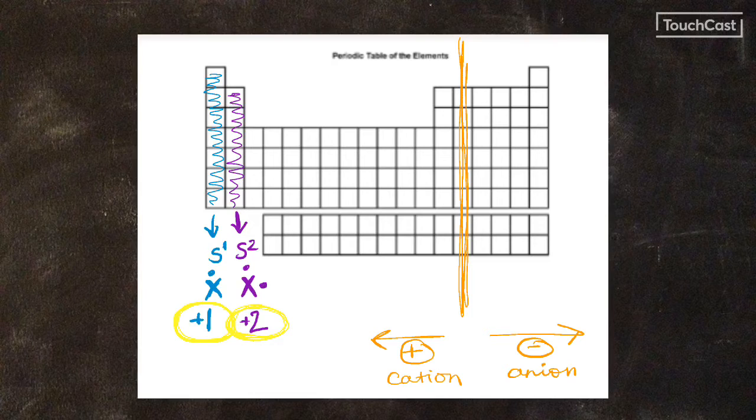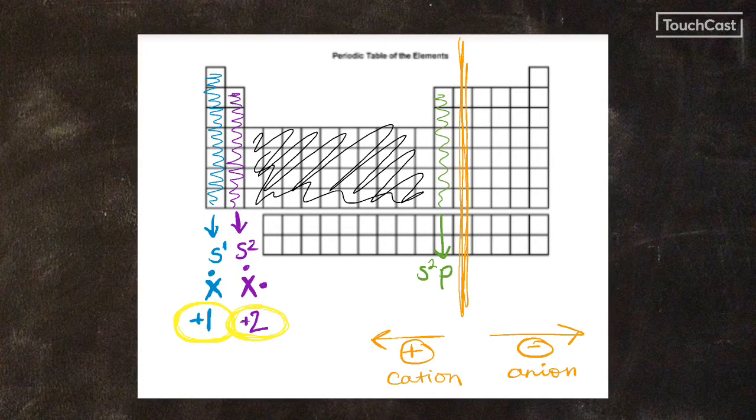Now, we skip over our D block because for this unit we aren't paying attention to our D block. We're going to skip over to our final column. Now our final column follows this pattern as well. Over here, it has a valence electron configuration of S2P1, which means it has a Lewis structure with 1, 2, 3 valence electrons.